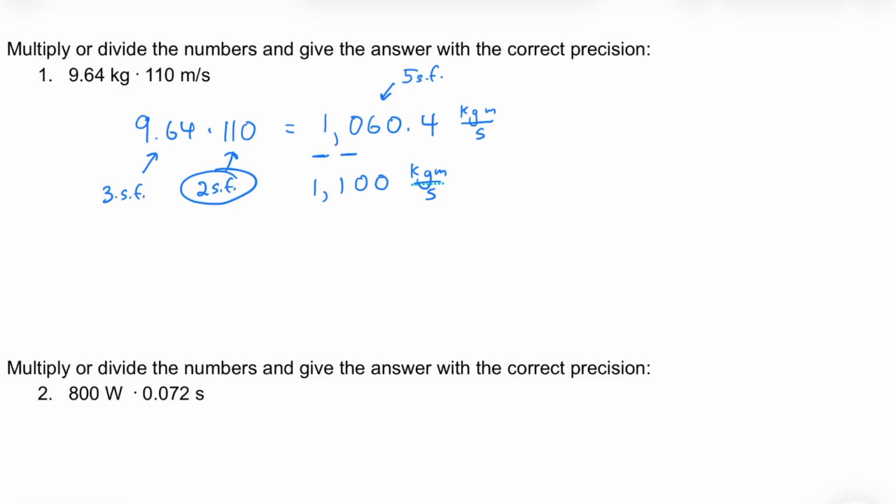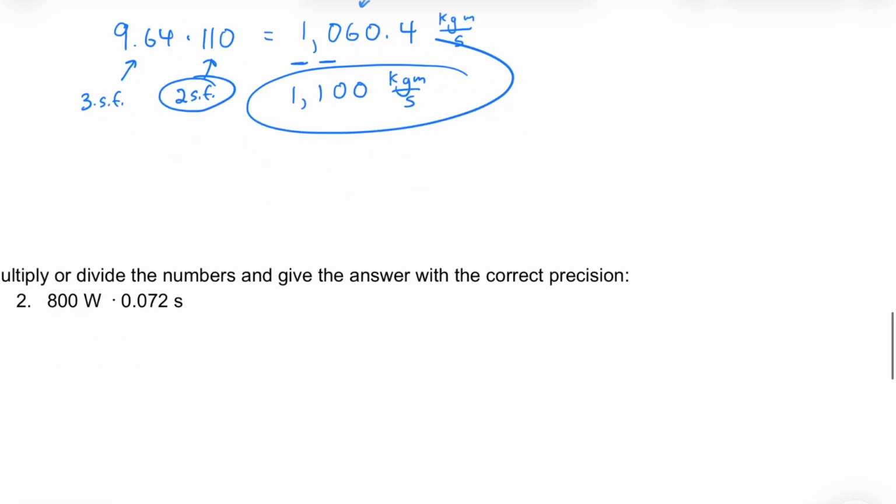Again, the highest one is going to be the thousands, and then the next highest is the hundreds. And so we round to our hundreds place value. 1060.4 rounds up to 1100, and we end up with 1100 kilogram meters per second as the number we get by multiplying 9.64 kilograms times 110 meters per second with the level of precision that we had in those 2 quantities.